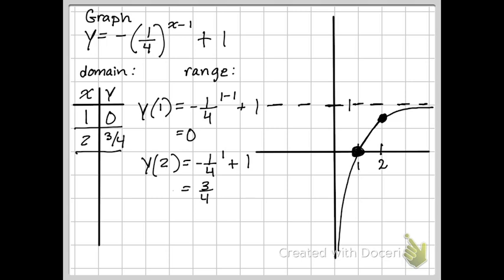Notice that we're also asked for the domain and range here. The domain of an exponential function is always negative infinity to infinity. All real numbers for all of the exponential functions that you will see. The range is always going to include this value. It's either going to approach that value or it's going to proceed from that value.